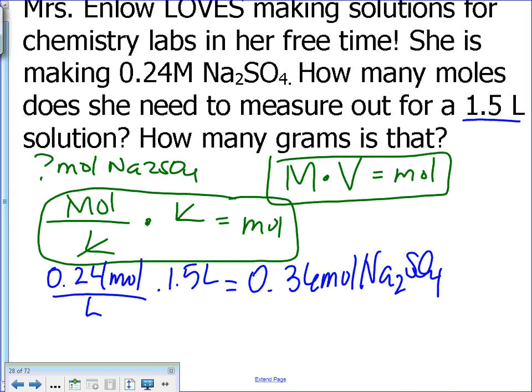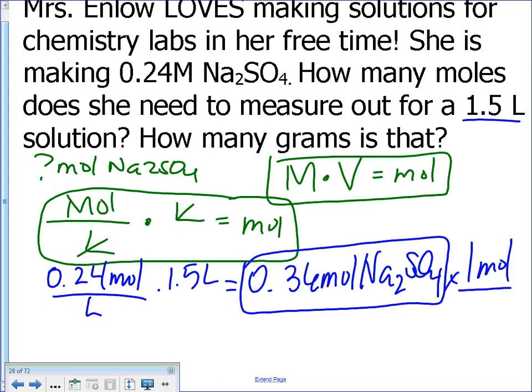What's question two? How many grams? How would you go to grams? 1 mole of Na2SO4 is whatever that mass is, right? What's the grams of sulfur?